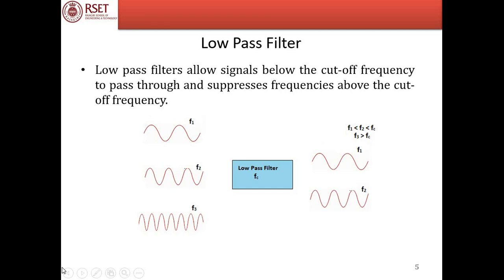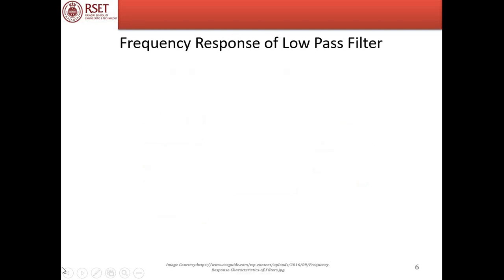Since the frequency of the third signal F3 is greater than Fc, it will be blocked by the low pass filter. Now let us study the frequency response of low pass filter.